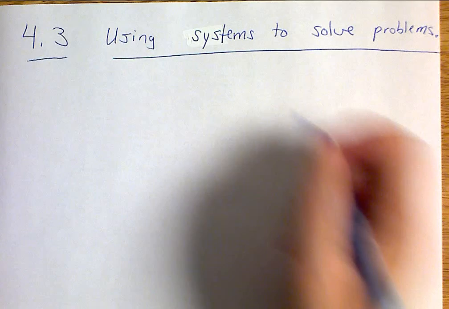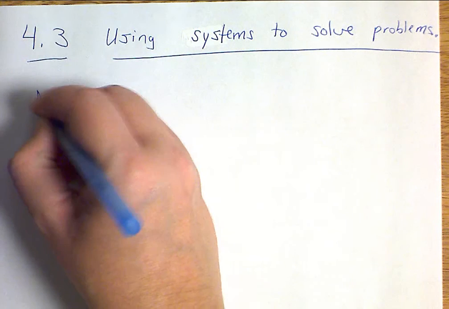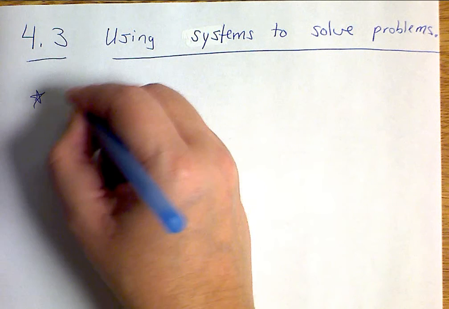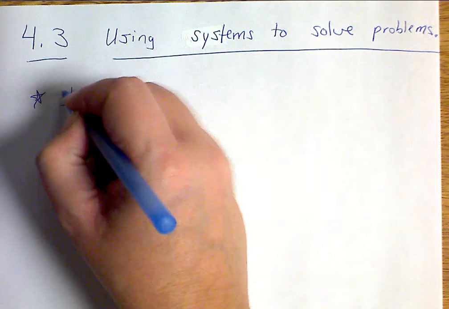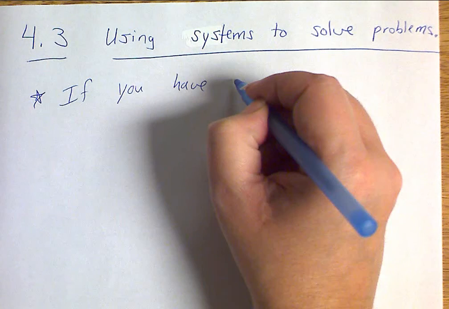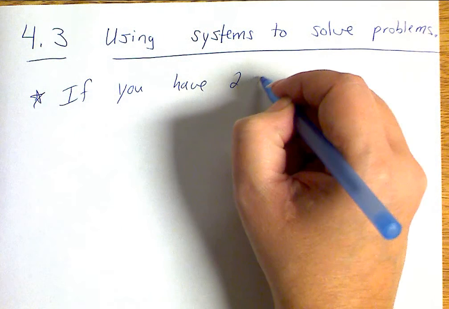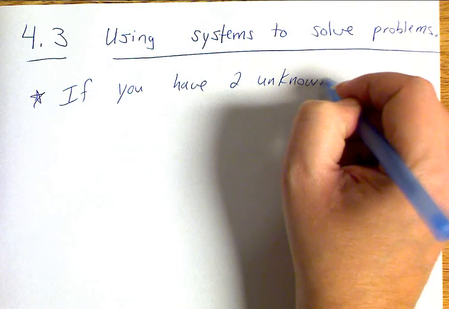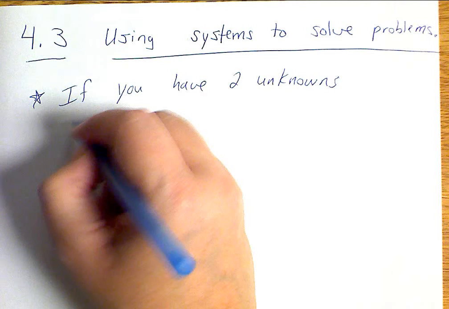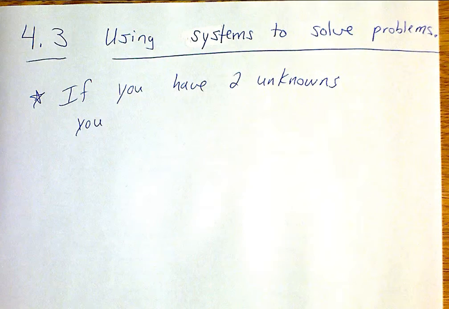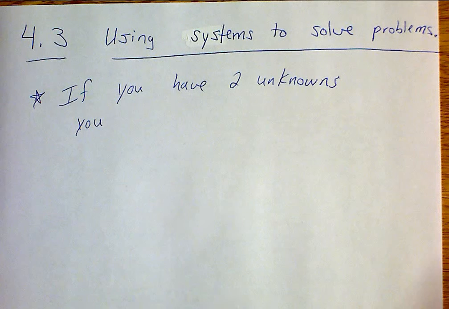So the biggest thing you need to know about these systems is if you have two unknowns, you can solve it as long as you have two equations.